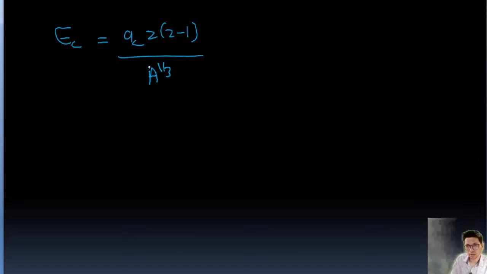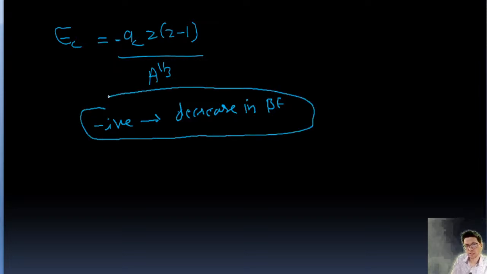So EC is equal to minus AC Z into Z minus 1 upon A to the power 1 by 3. Here the minus sign shows the decrease in binding energy. The minus sign implies decrease in binding energy.